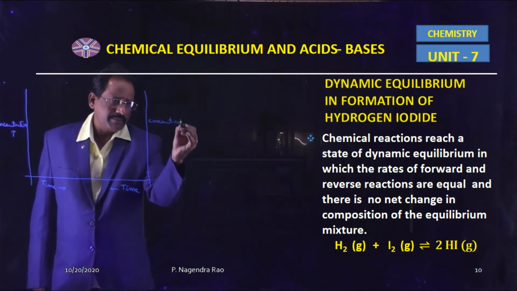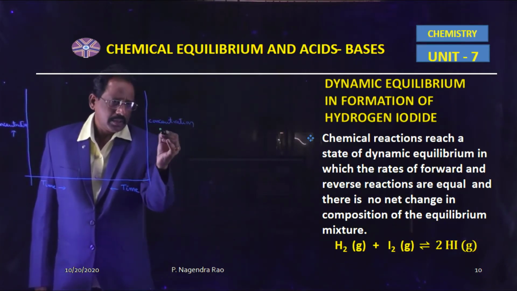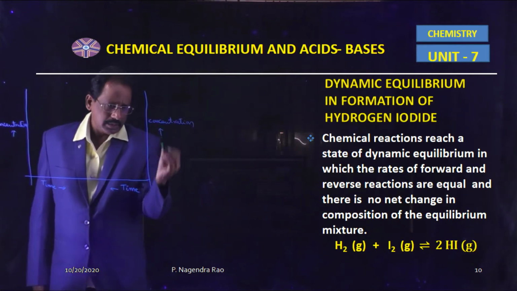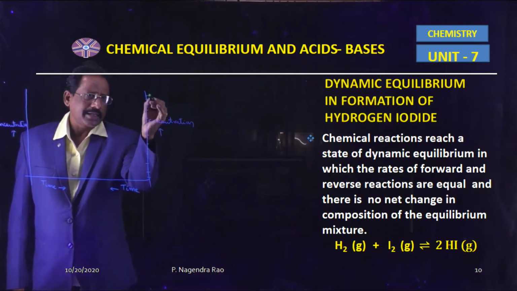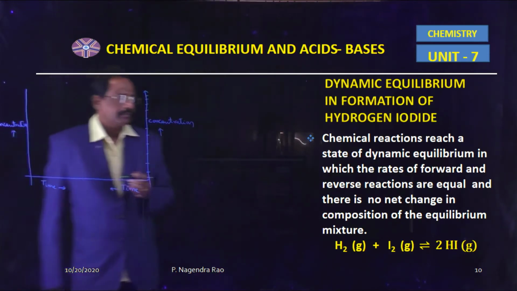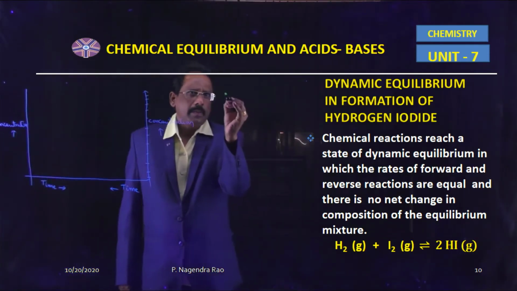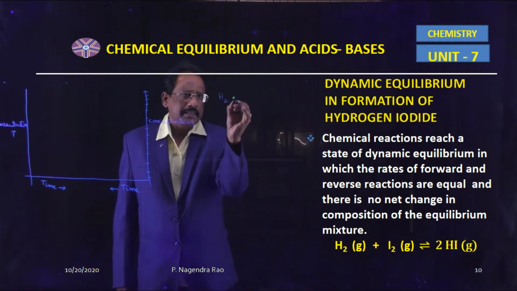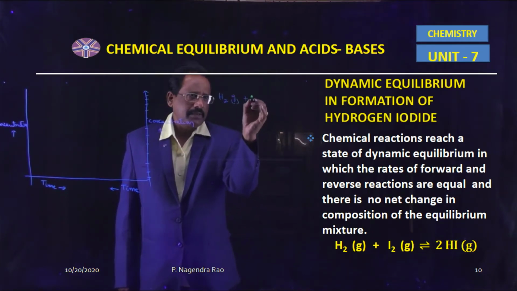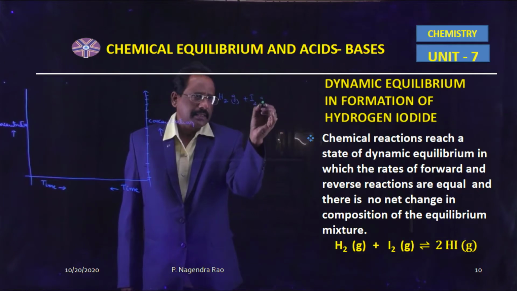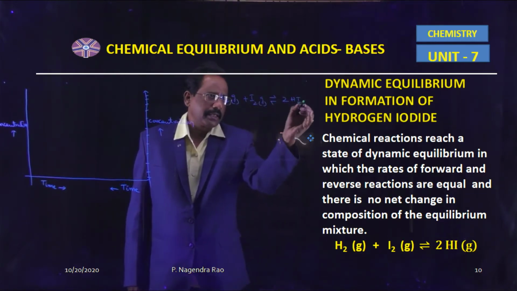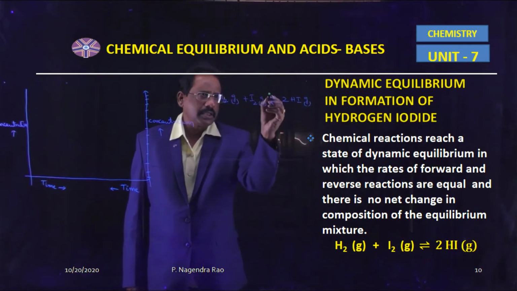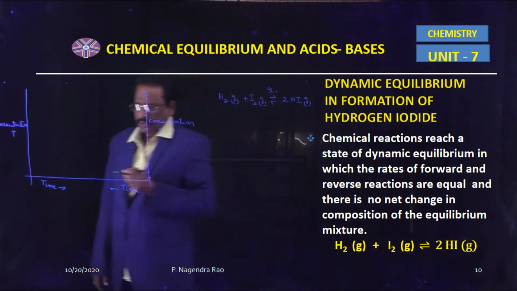In this example, the rate of forward reaction is H2 gas combines with I2 gas and 2 moles of HI gas are formed. Now this is the forward reaction.